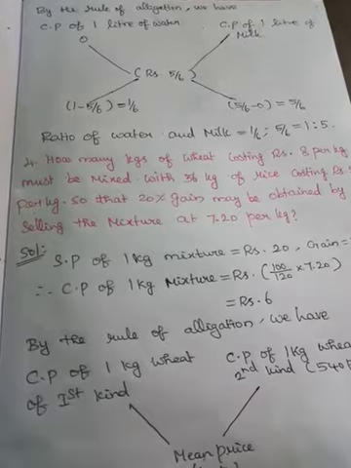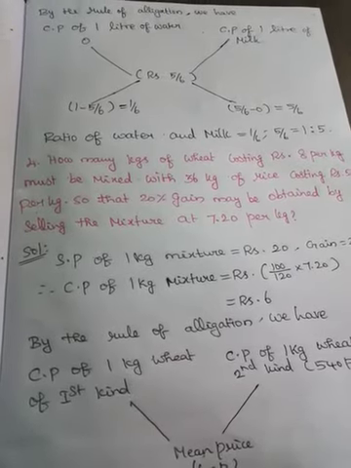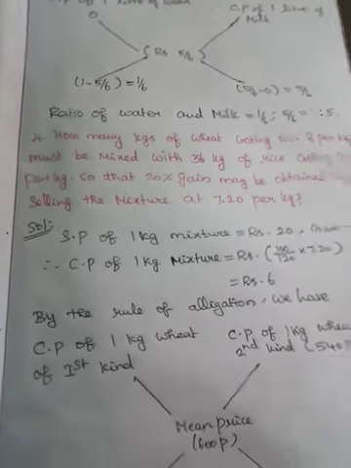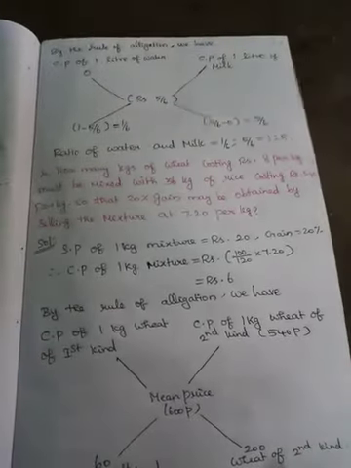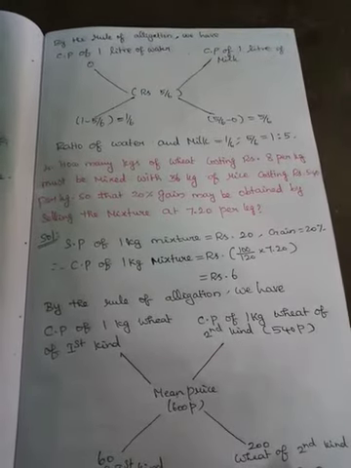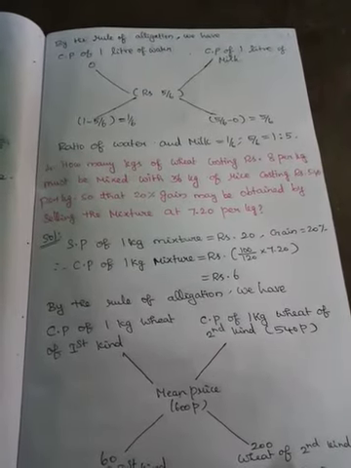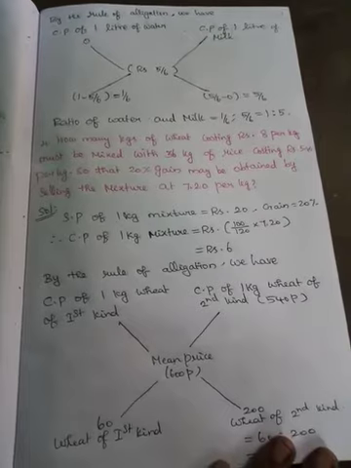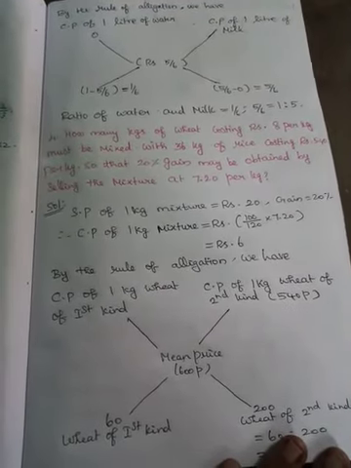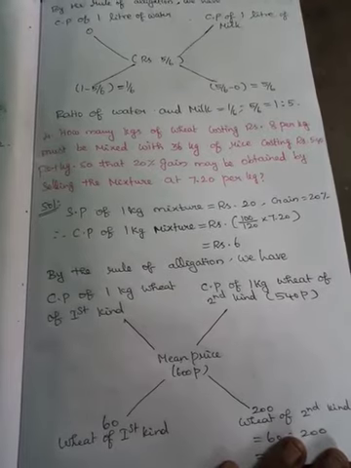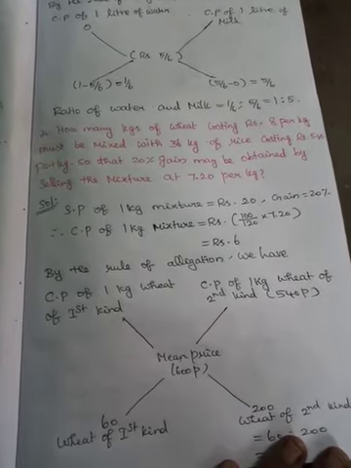By the rule of allegation, we have CP of 1 kilogram wheat of first kind, 800 paise. Next, CP of 1 kilogram wheat of second kind, 540 paise. Middle value is mean price, 600 paise.